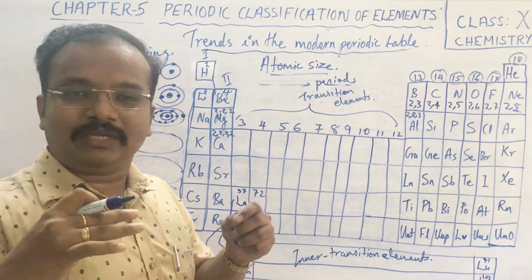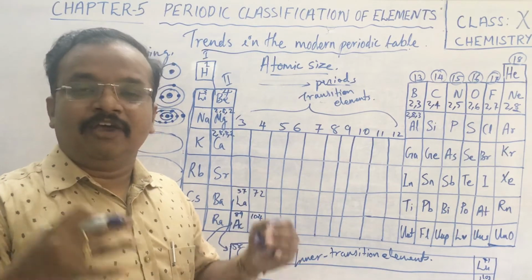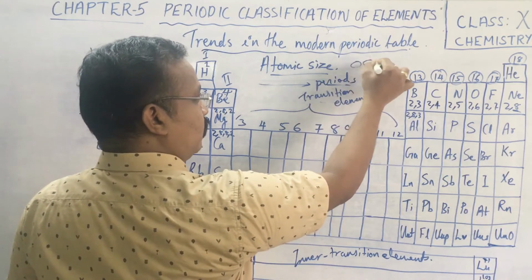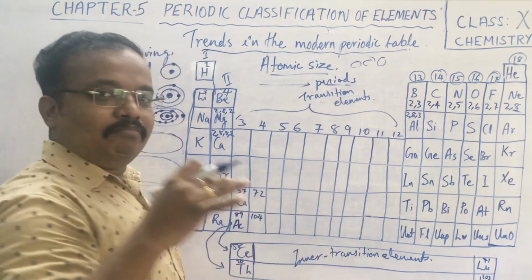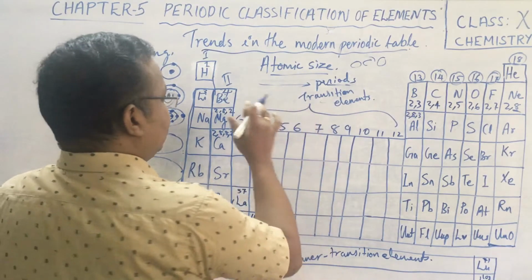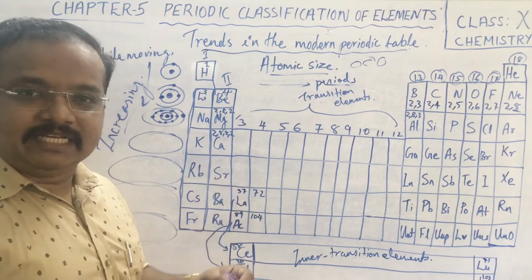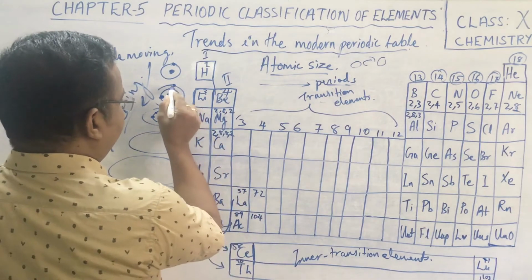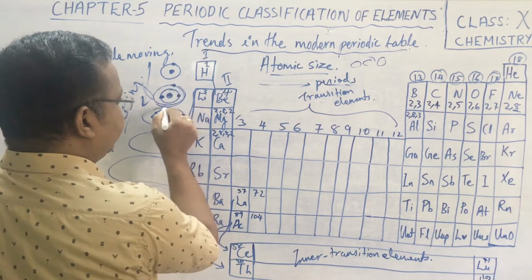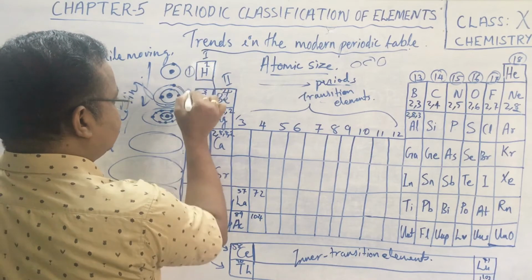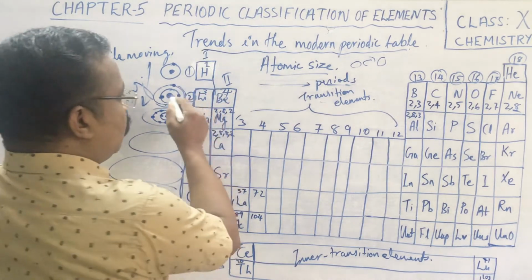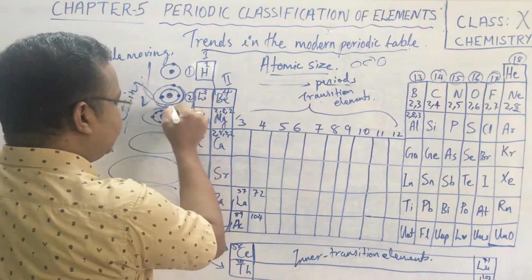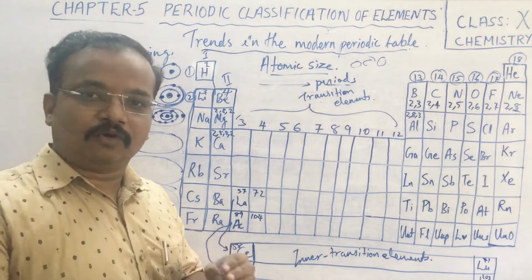So as the atomic number increases, we imagine that atomic size will also keep on increasing. But in the actual case, when the atomic number increases, of course the electrons are increasing, but you must remember that in the second period, all these electrons will be accommodated in the second orbit only, not in the third orbit.